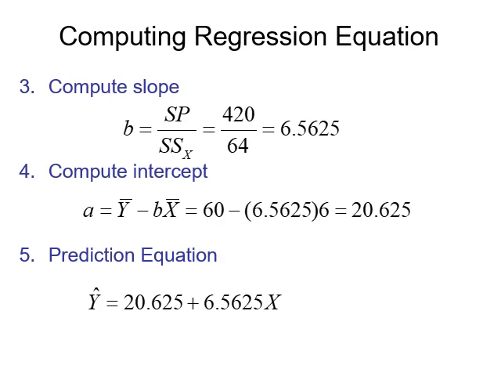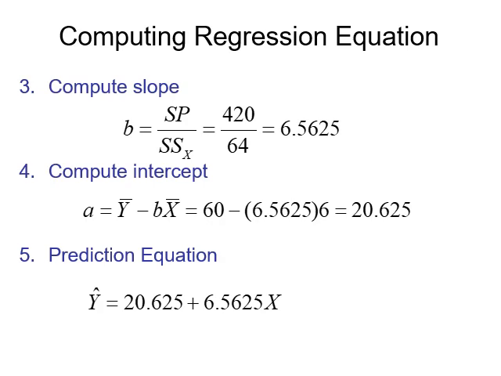What test score would we expect if someone actually studied 0 hours? And the result of that is 20.625. Again, we'd round it to 20.63. So that tells us if someone studied not at all, we'd expect them to get basically a 20. If they studied 1 hour, we'd expect them to get approximately a 26 or 27. If they studied 2 hours and on forward.